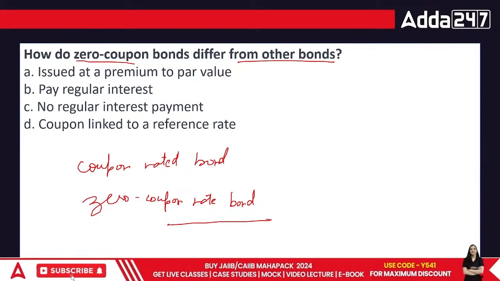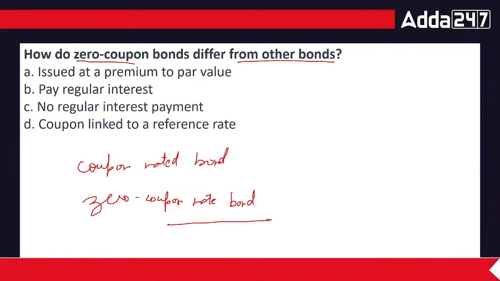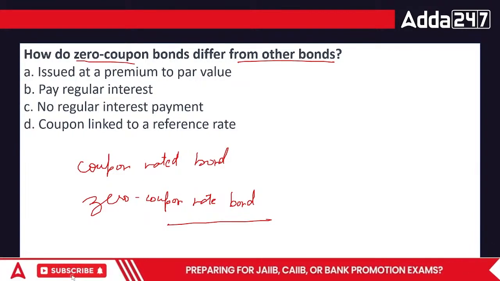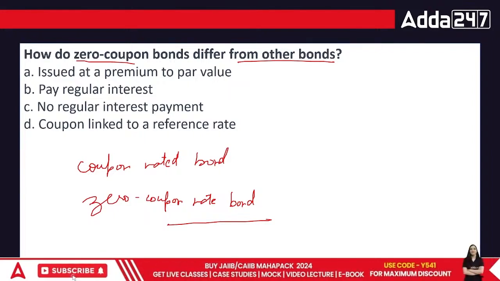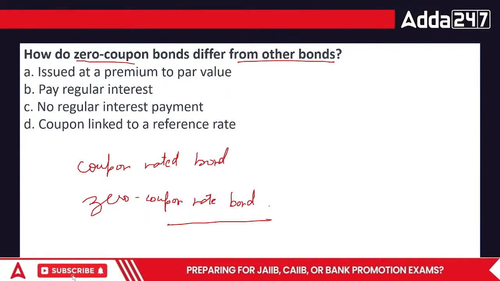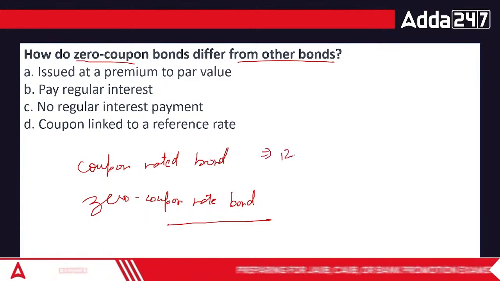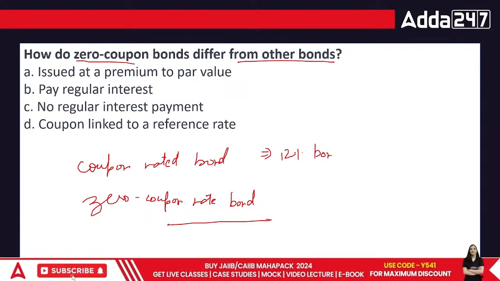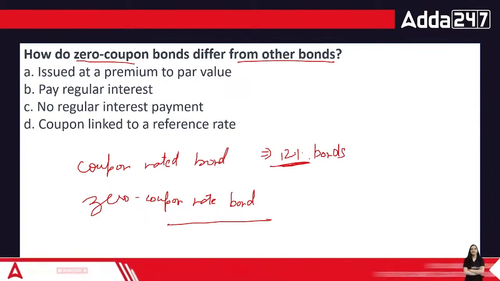Coupon rate means where there's an interest rate which is already defined, right? And if that interest rate is not already defined, what else will we do? The company can issue two kinds of bonds. 12% bonds. That means the interest rate is 12%.